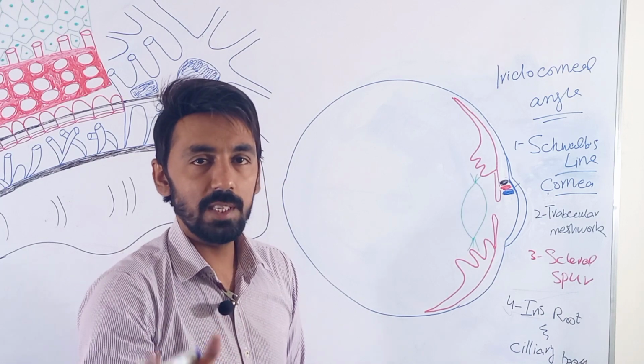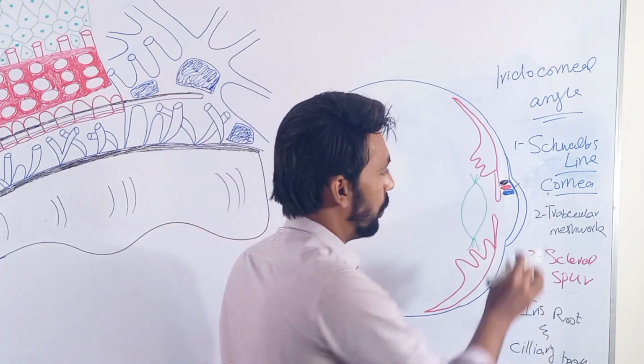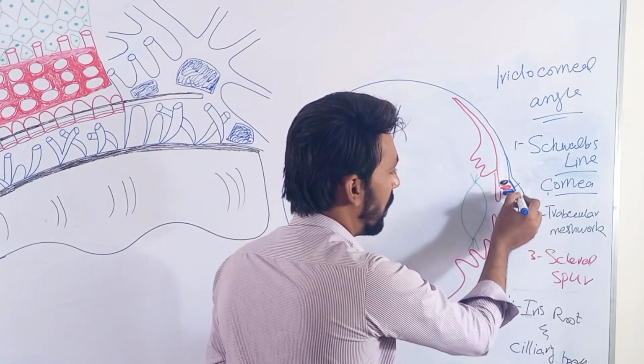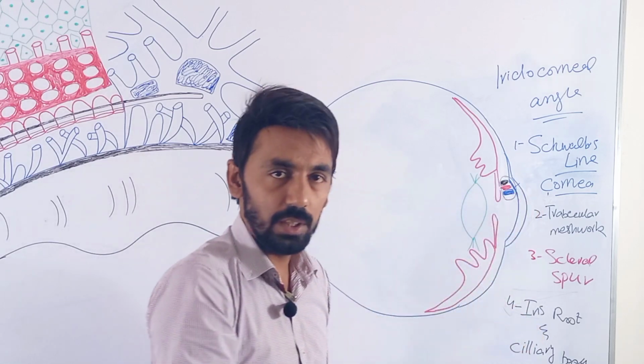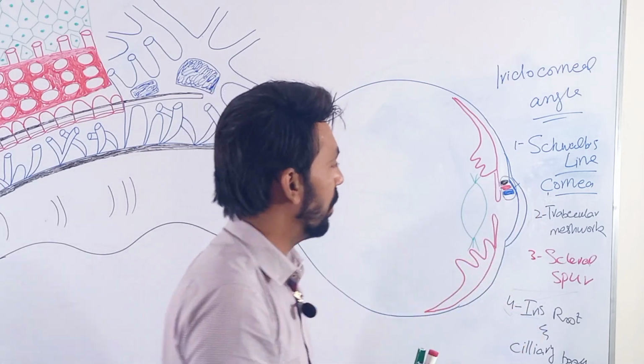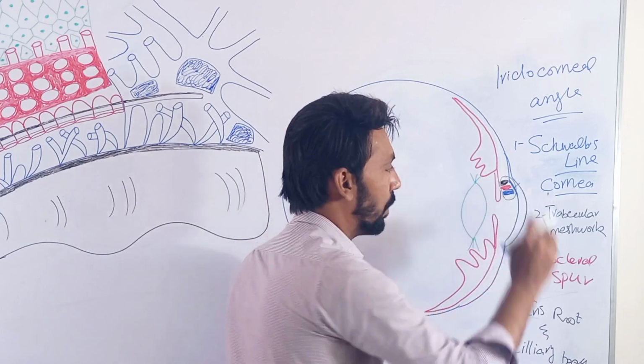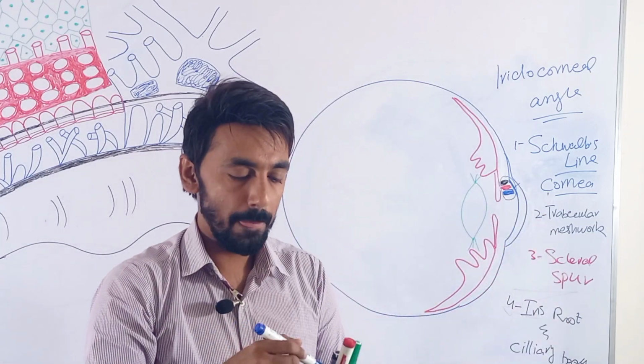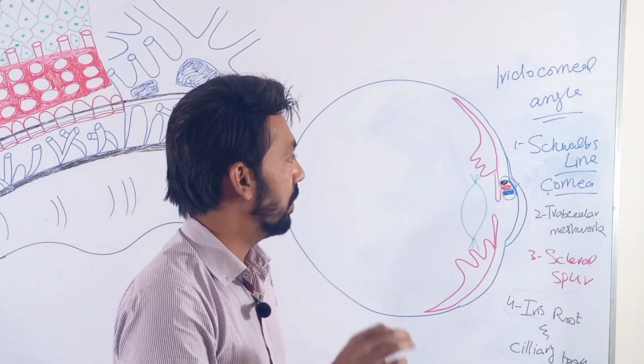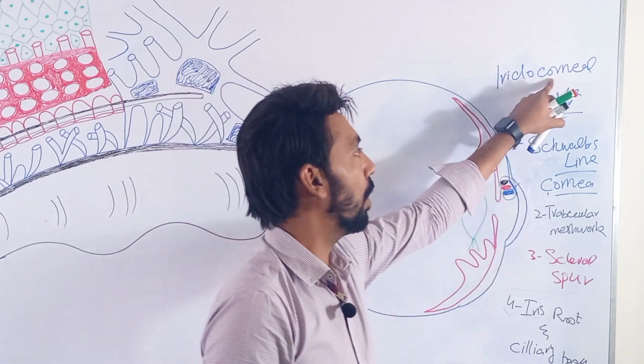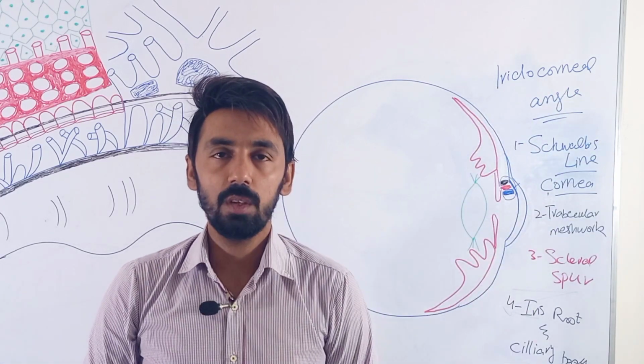The trabecular meshwork is between these 2 structures, the cornea and the iris, in the anterior chamber. So the first pathway for the drainage of the aqueous humor is the irido-corneal pathway, right?